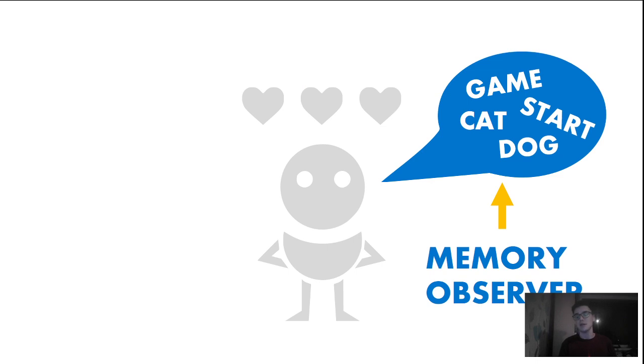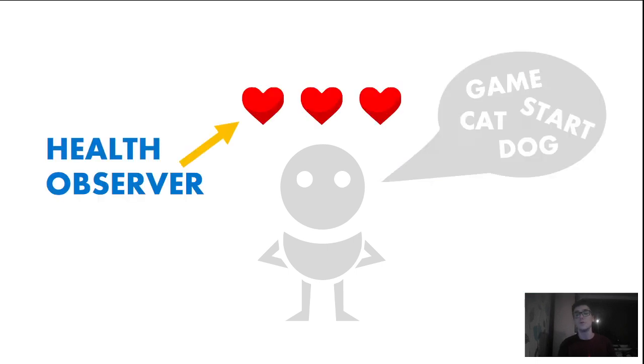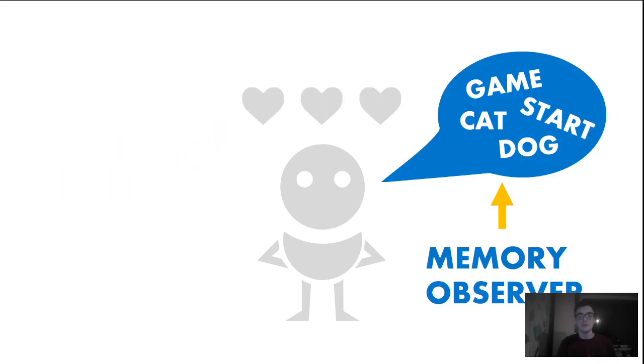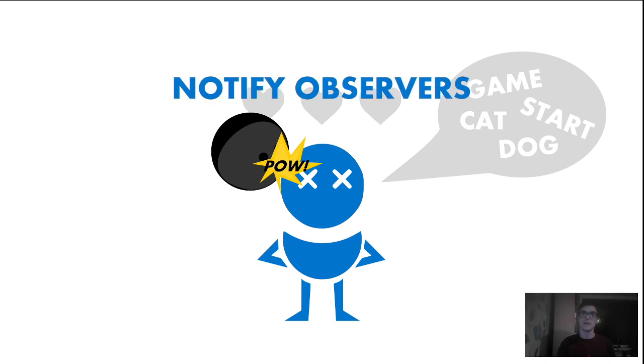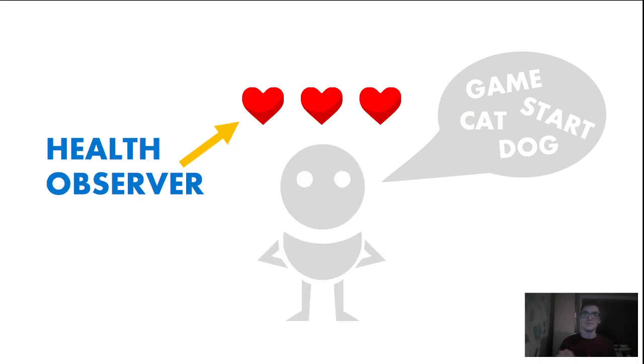So when something happens with health or memory, these observers react or do not react to some events. So in our case, when the bowling ball hits Tom, then firstly Tom notifies all the observers about this event, this nasty little event, and now the health observer firstly gets this notification and then acts accordingly.